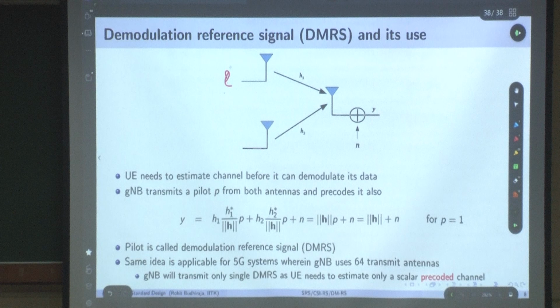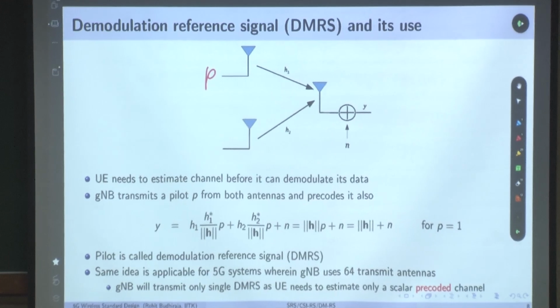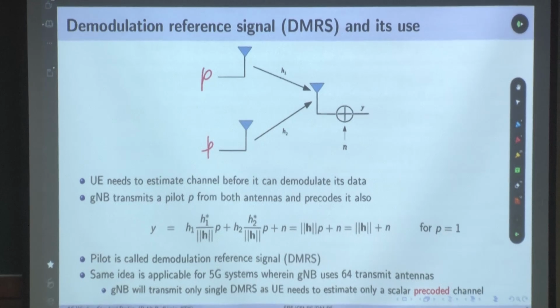So, we stop here. Now, in this case, how many DMRS is the base station transmitting? It is transmitting a single pilot signal from transmit antenna 1 and the same pilot signal from transmit antenna 2.